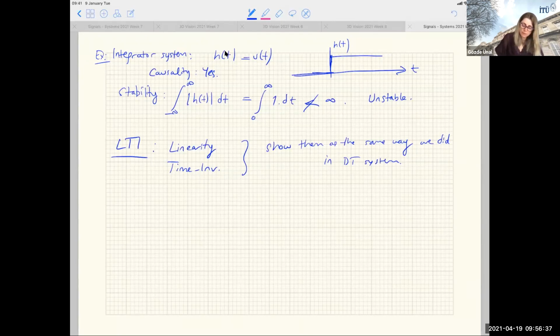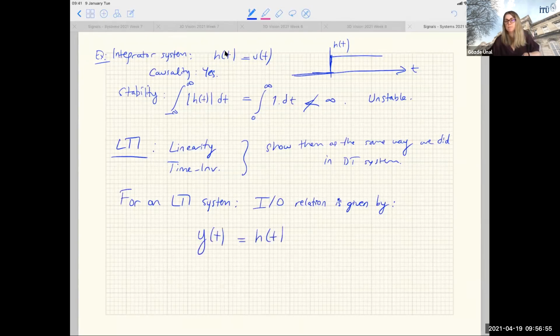So for an LTI system, guys, the input-output relation, remember, is given by h of t convolved with x of t. This is called the convolution integral. And let me write it openly.